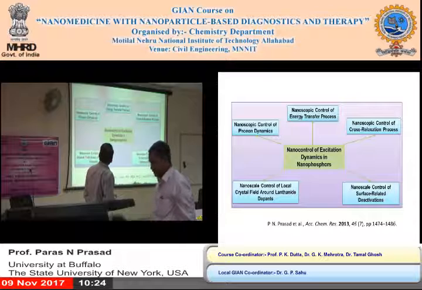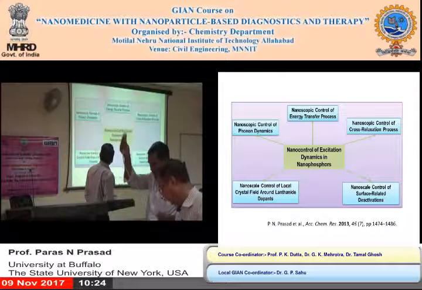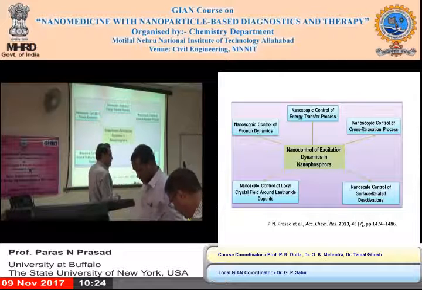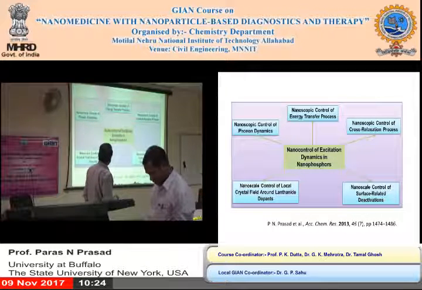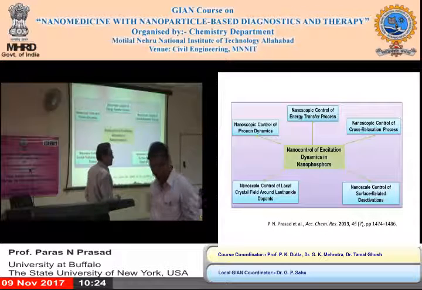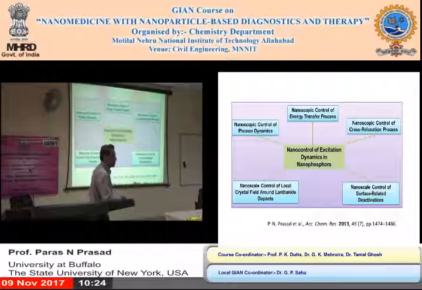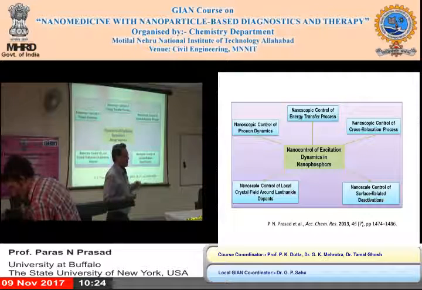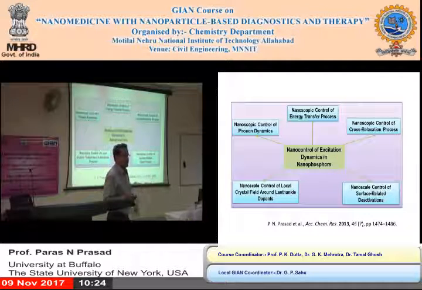Then you want a lattice of that crystal that does a certain kind of energy transfer process. Then you want to control the surface, because the surface can also deactivate. A lot of energy can be lost from the surface.